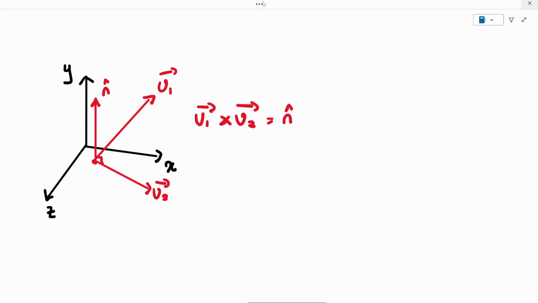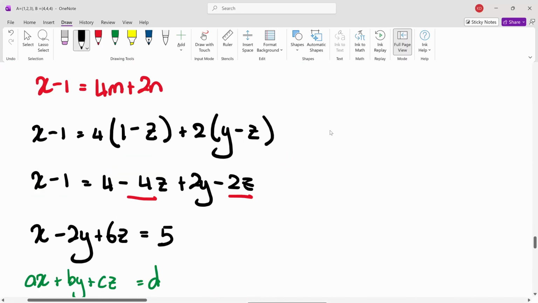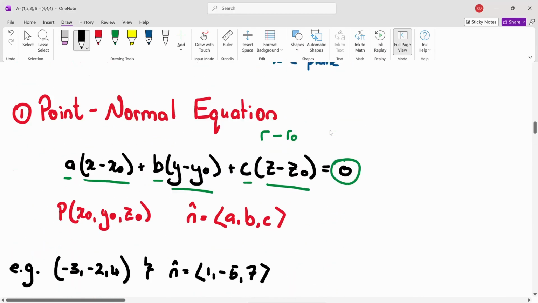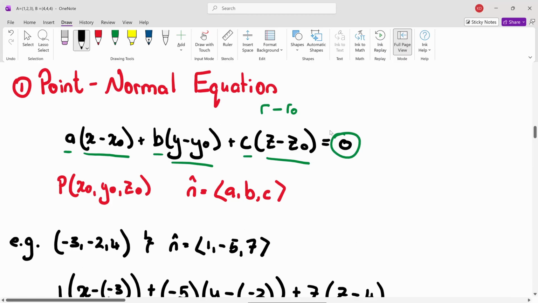So why that is good for us is because we know from when we're doing a point normal equation, if we have a point and a vector perpendicular, then it's very easy to find the equation, right?